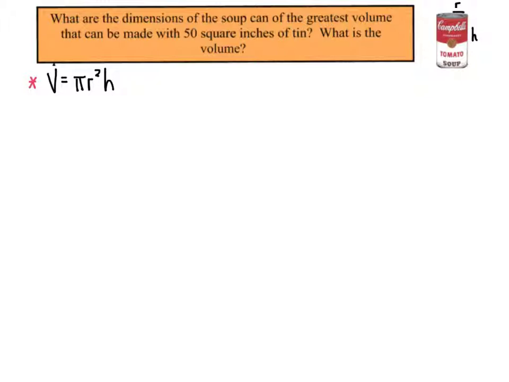Now, the 50 in the problem, the 50 square inches, represents the surface area. So as we construct a constraint equation over here, I'm going to say that that's equal to, well, I have two circles to make the top and the bottom of my can, so 2 pi r squared, two circles.